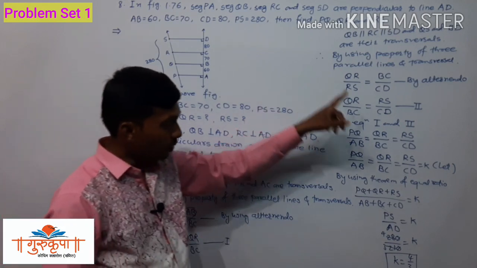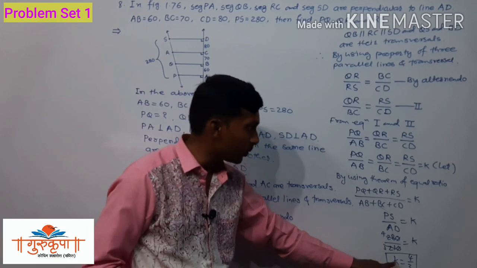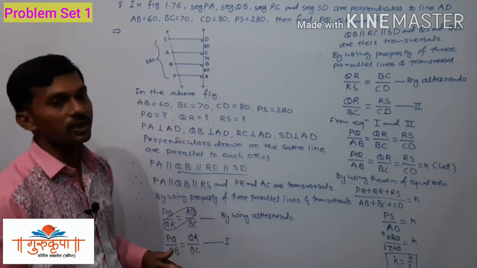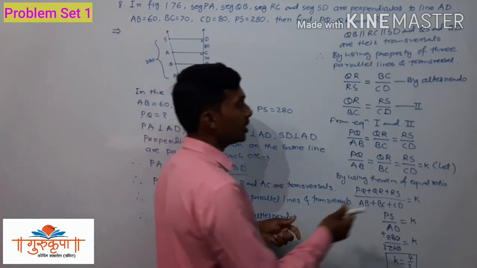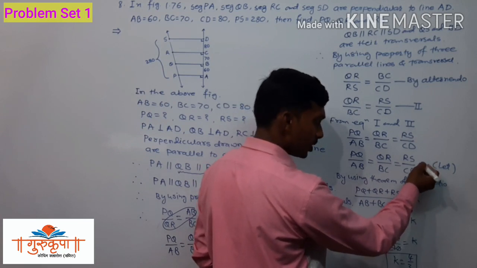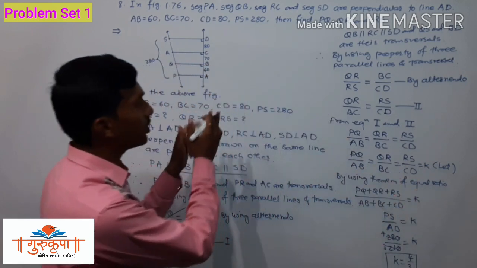And now using this value of K, we will put that value here and we will get all the three sides, that is PQ, QR and RS. You can represent this as equation 3 and put this value in this equation, or we can simply write that equation once again.